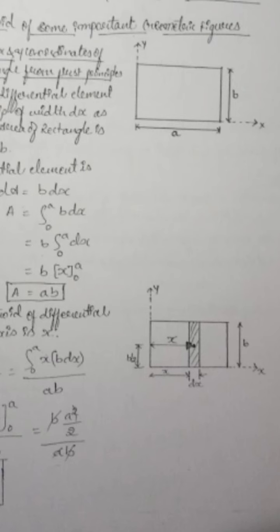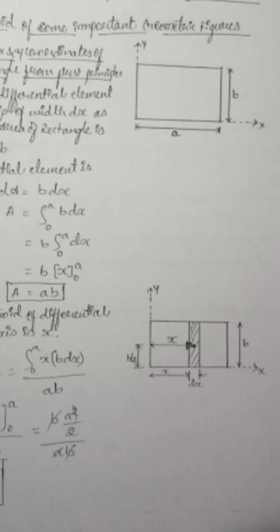If you put a in place of x and 0 in place of x, you get a minus 0, which is a.